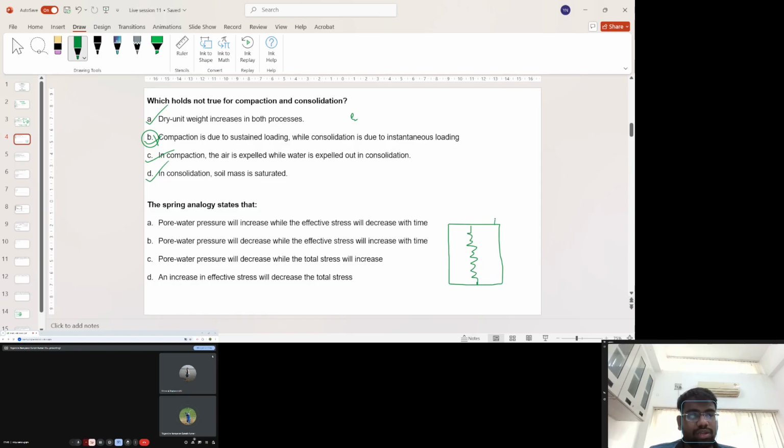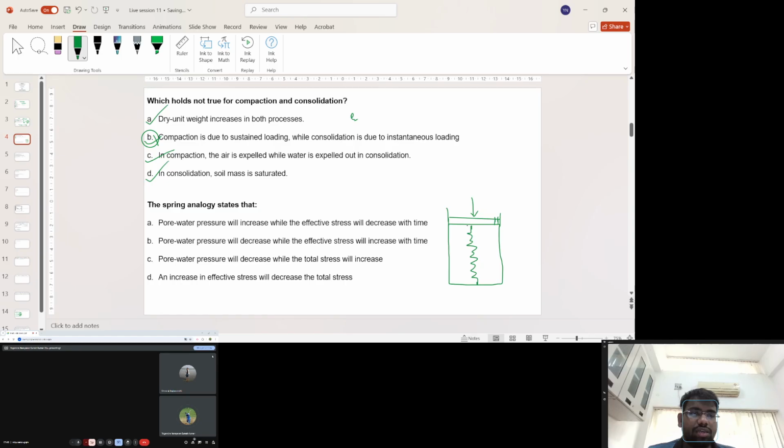There will be an opening left here, with a valve, like a piston with a valve. Now the load is applied and the valve will be opened.